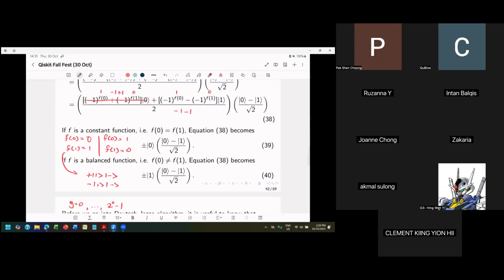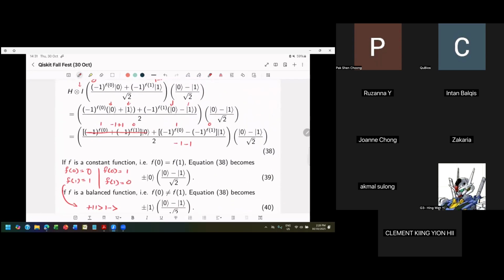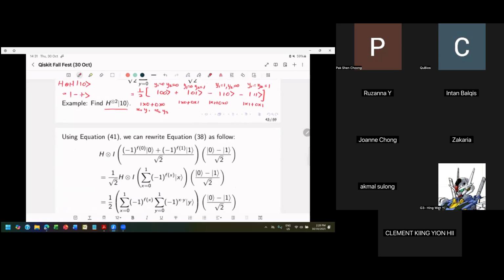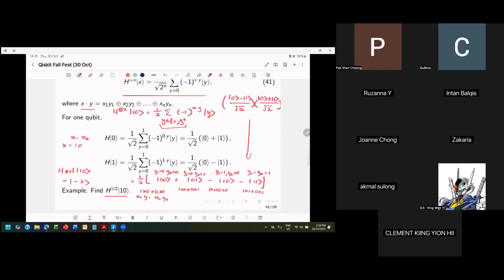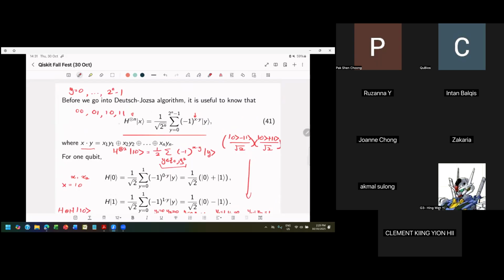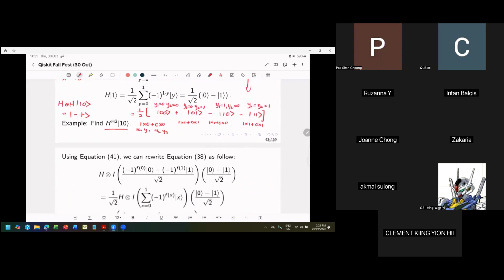Okay, so remember equation 38 is this whole thing. Can we use equation 41, which is the equation that we introduced, in equation 38?